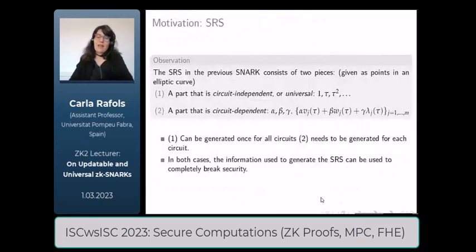The other part of the SRS is circuit dependent. As I said, these are the coefficients alpha, beta, and gamma that are used for proving linear relations, okay? And it's fundamental, in both situations, that tau, alpha, beta, and gamma are not leaked, okay?